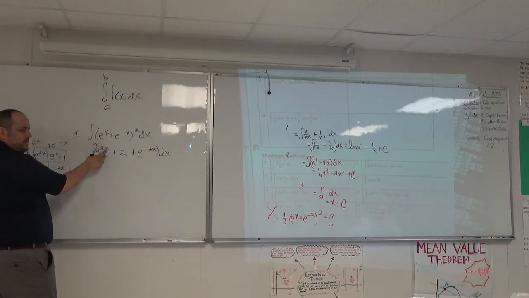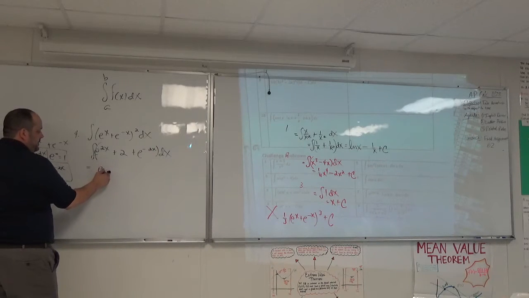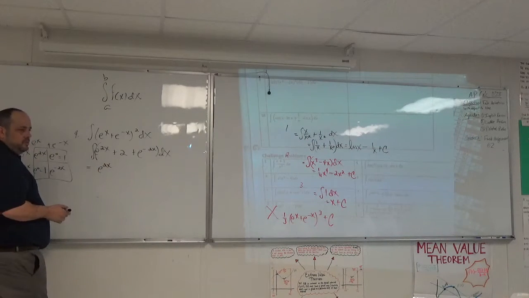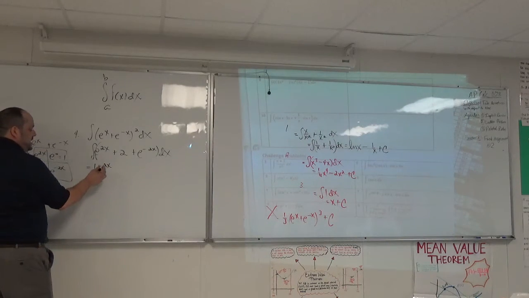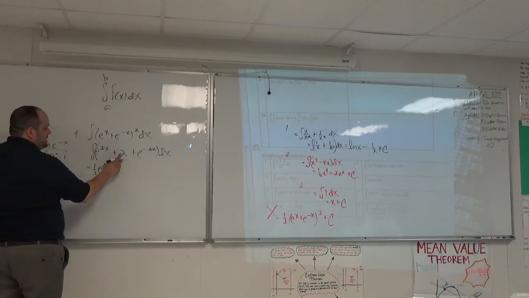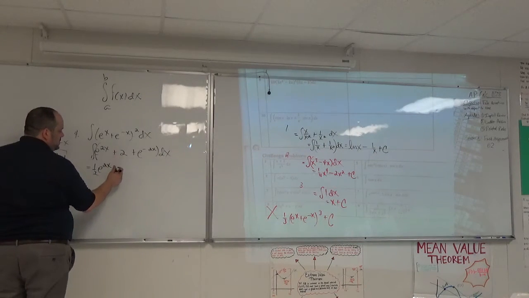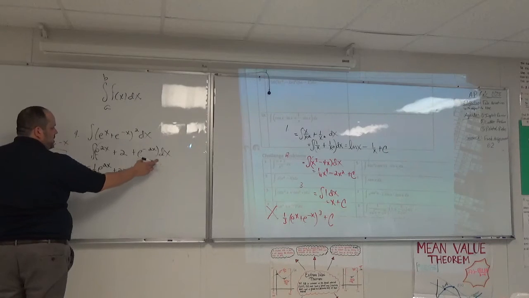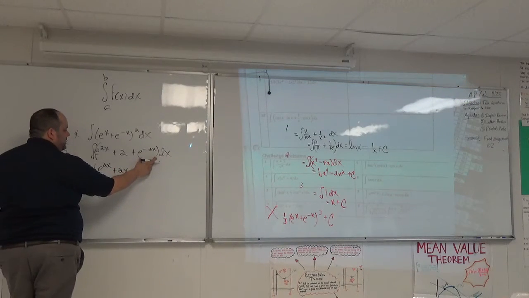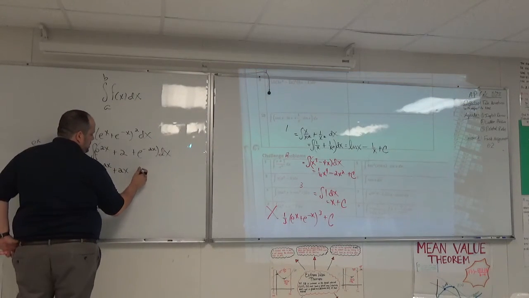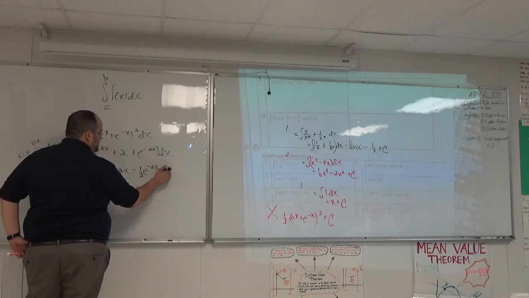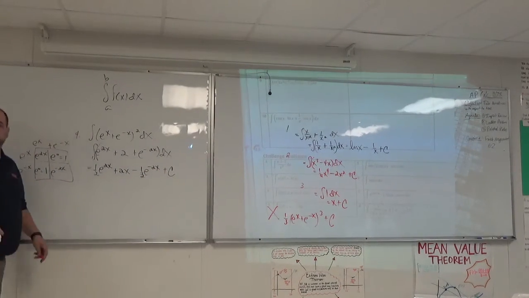It's going to have to stay e to the 2x, but times a half. What would I take the derivative of to get 2? 2x. What would I take the derivative of to get e to the negative 2x? Negative 1/2 e to the negative 2x plus Charlie.